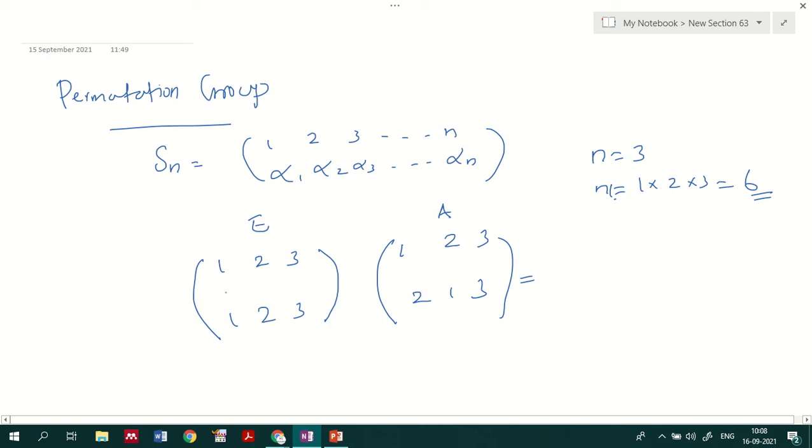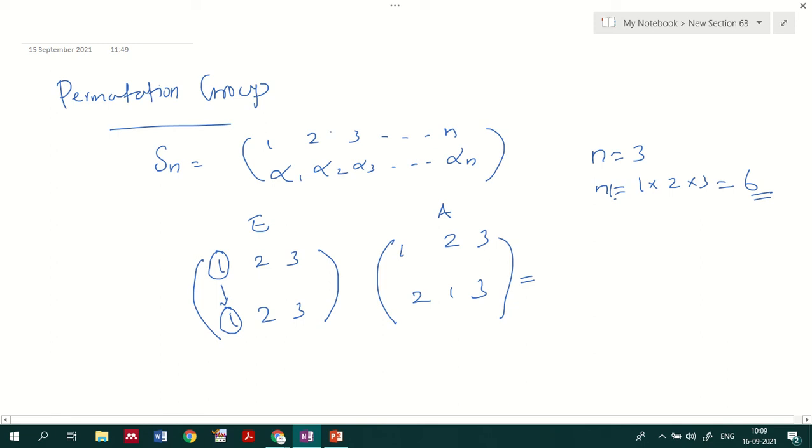Now if I execute this multiplication, first you take 1. When you are operating on 1, we will have 1 here.